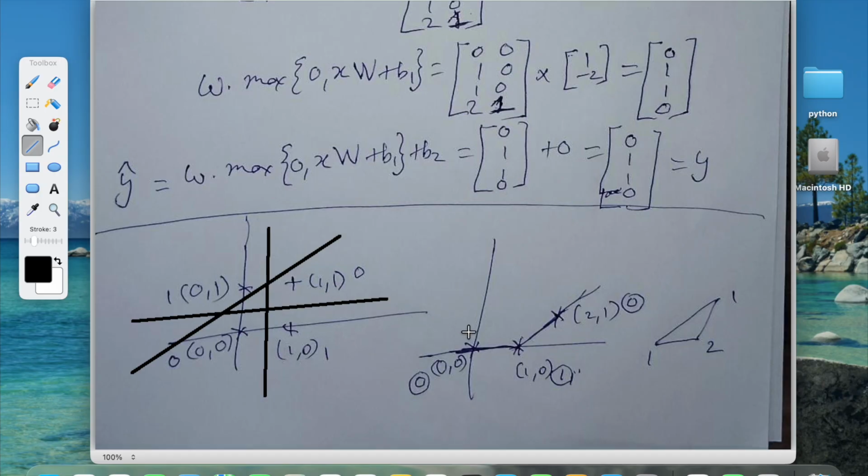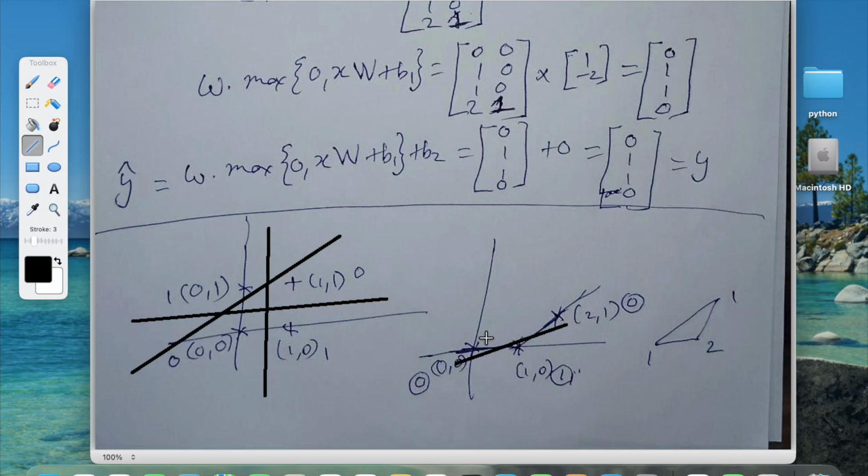And what we want is something like this. That is, when we draw a line from here, such a line is able to divide our problem space in such a way that all the ones are on one side and all the zeros are on the other side.